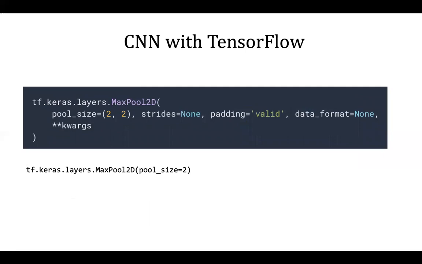To define the max pooling layer, it's even easier. We have very few parameters. We use tf.keras.layers.MaxPool2D, also 2D, because we mainly use images. In the notebook, we're only going to specify the size of this pooling frame. It already has a default value, 2 by 2.